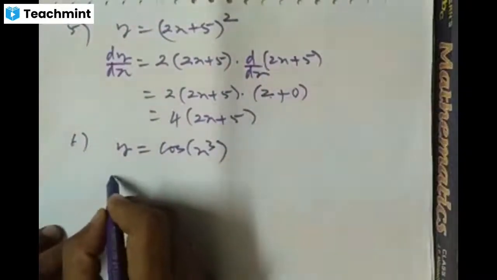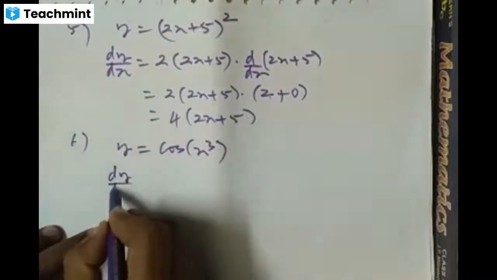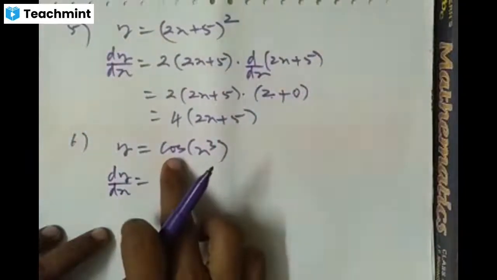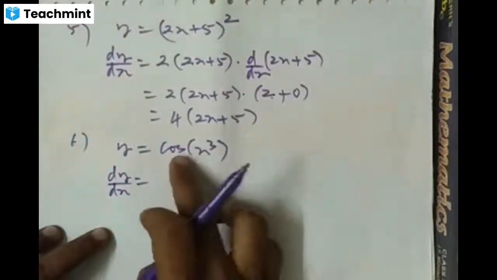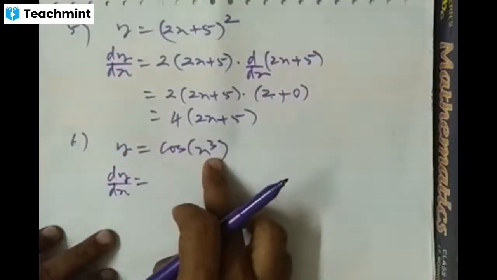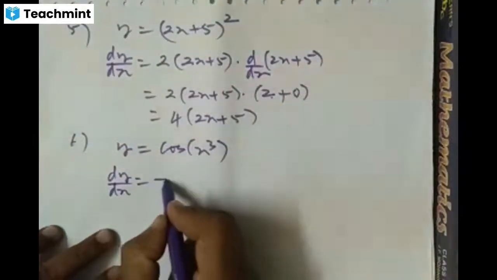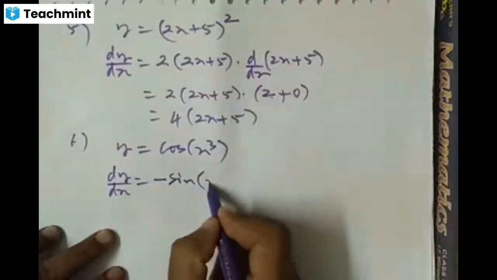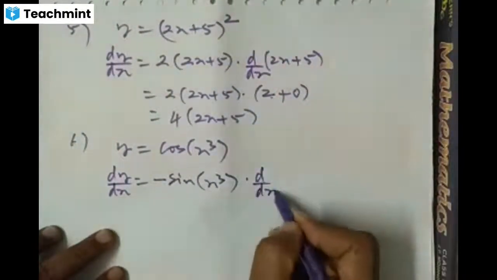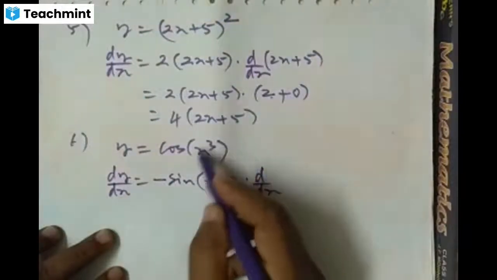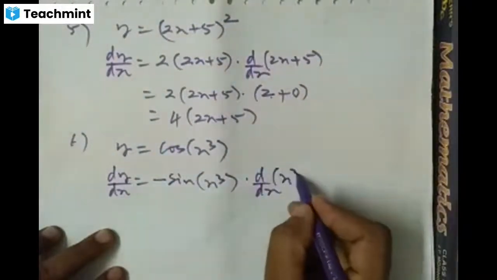Okay. So then dy by dx is equal to, this is of the form cos u. You assume this as a single variable. Derivative of cos u with respect to u is minus sin u, right? But what is u? x cube, into d by dx of x cube.